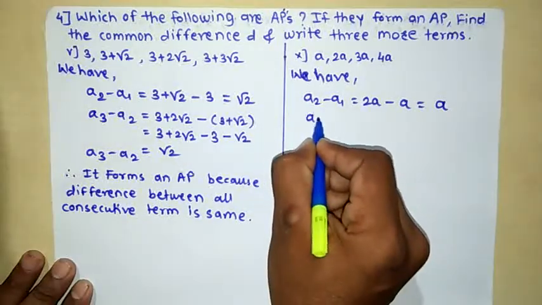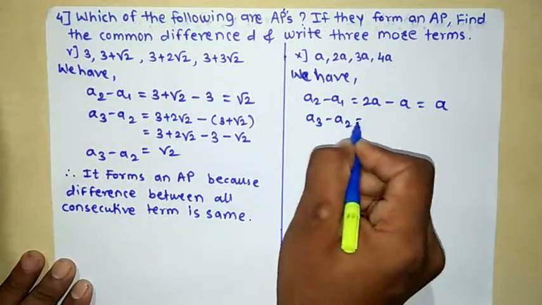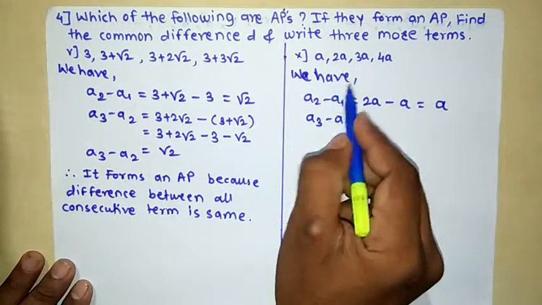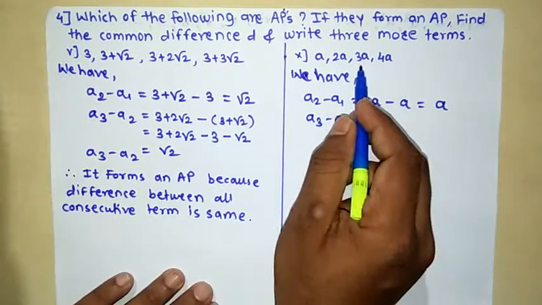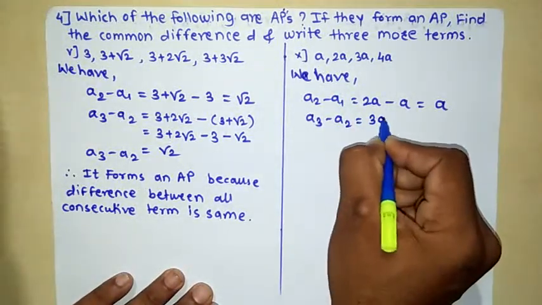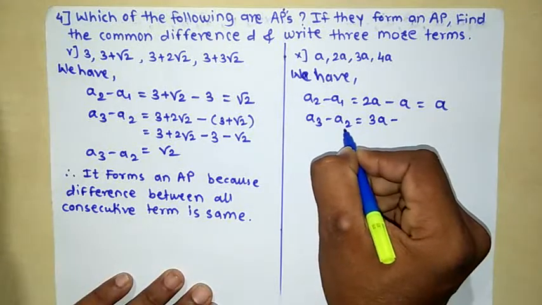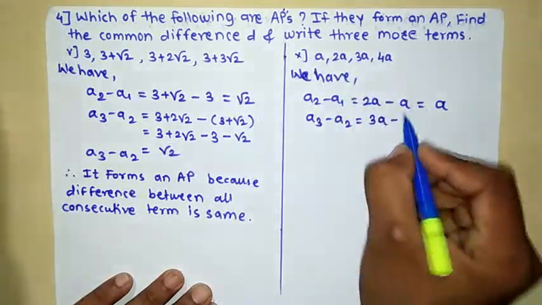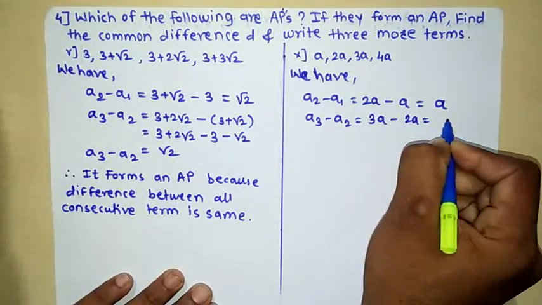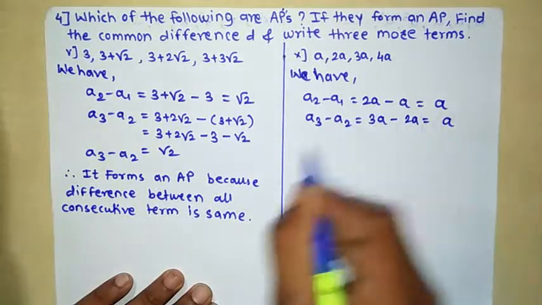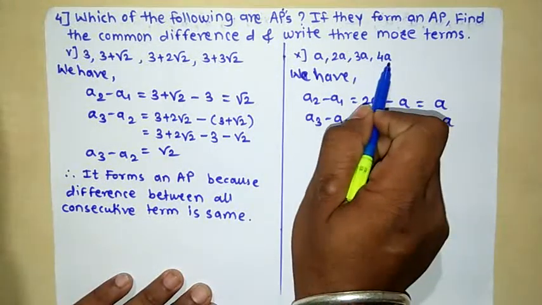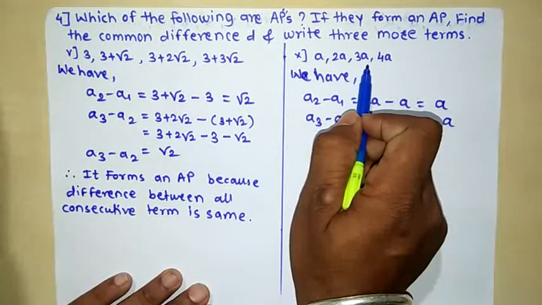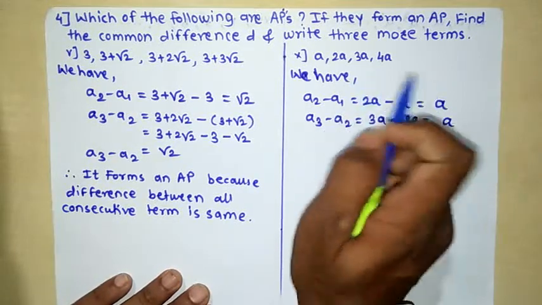Now we will find a3 minus a2. What is the value of a3 here? a3 is equal to 3a minus, what is the value of a2? a2 is 2a. 3a minus 2a is equal to a. Also you can check a4 minus a3, which is also equal to a only.